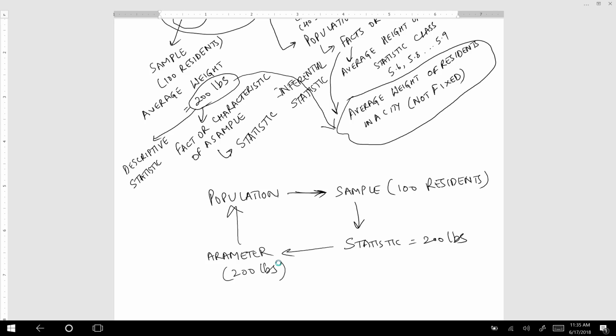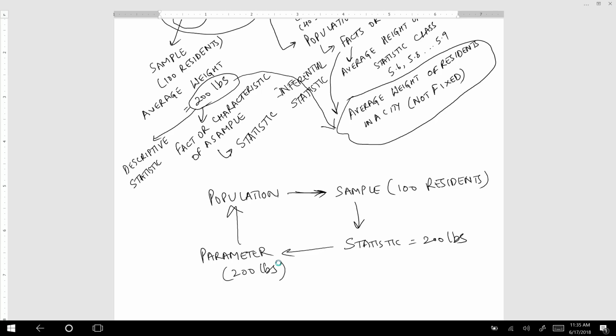So we have a population, we take a sample of 100 residents, and then we calculate the weight of the 100 residents, and we get a sample statistic which is 200 pounds, and then we would say that the weight of the whole city on an average would be 200 pounds.